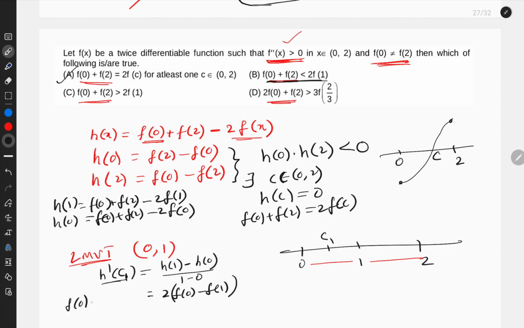Because f of 0 and f of 2 are constants, their derivative will be 0, so we get minus 2 times f dash of c. So f dash of c1 is equal to 2 f of 0 minus f of 1.